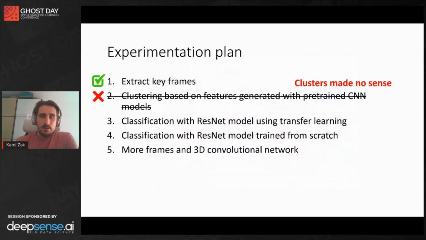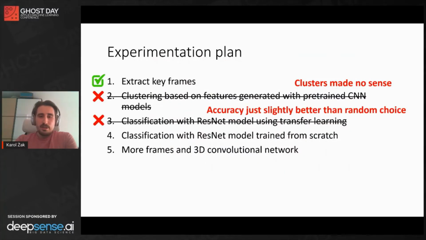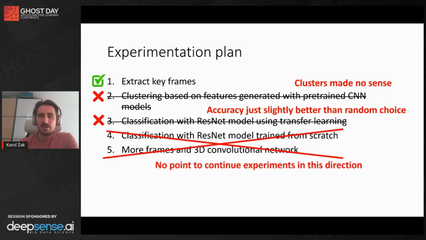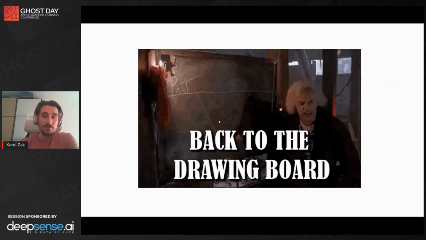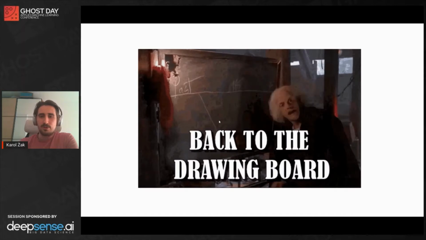So that put us in a quite inconvenient position, because we were hoping to close this pretty fast. It felt like straightforward video classification, visual features, but at this point we had to resign from this experimentation plan and back off, go back to the drawing board and rethink this.